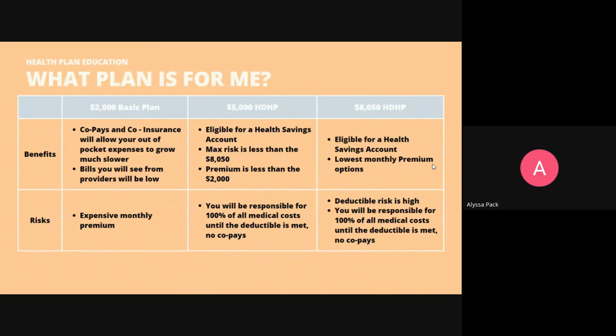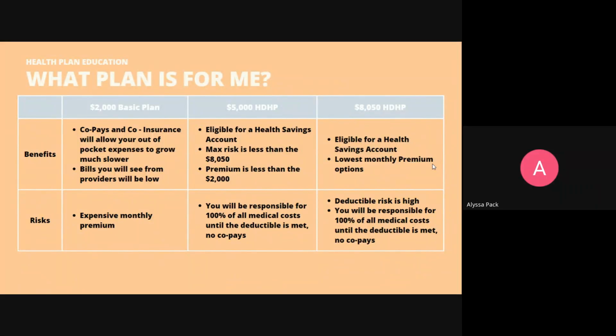So what plan is for you, right? There's kind of pros and risks and benefits of each of these. So kind of the basics are, with the basic 2,000 plan, those copays and co-insurances will allow your out-of-pocket expenses to grow much slower. For example, going to urgent care, you're going to see that $75 copay.